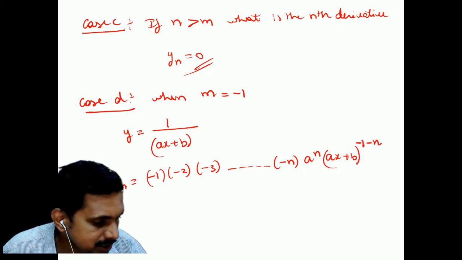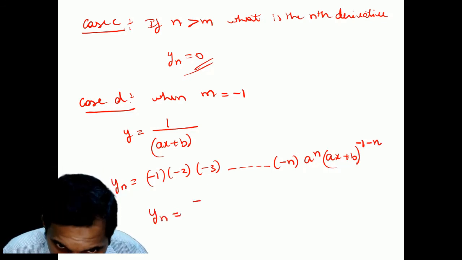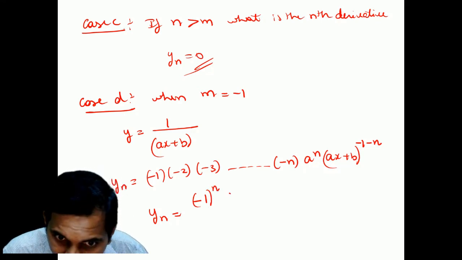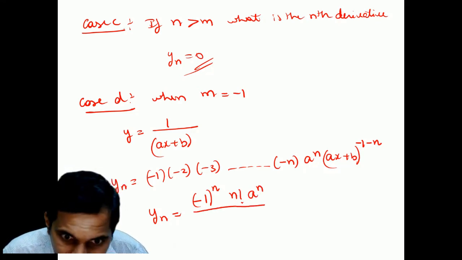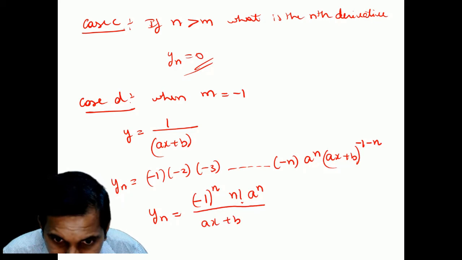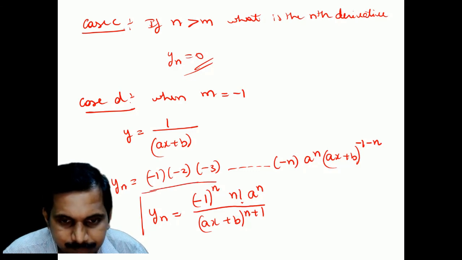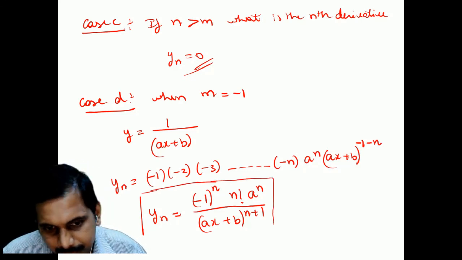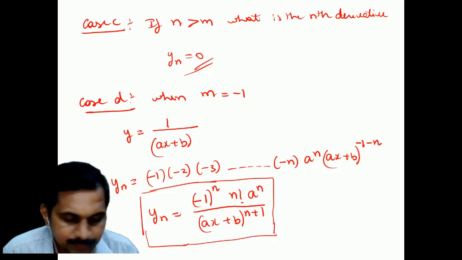So yn would be equal to minus 1 raised to n into n factorial divided by a raised to n divided by ax plus b raised to n plus 1. Simple, easy. That's how you write it.